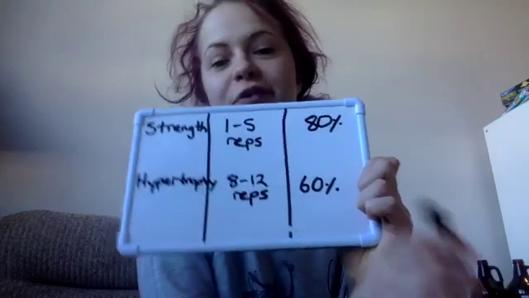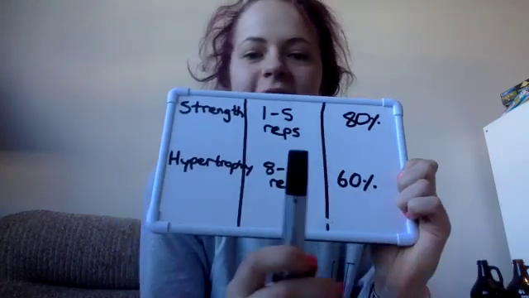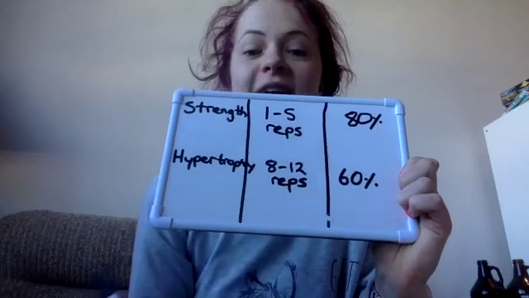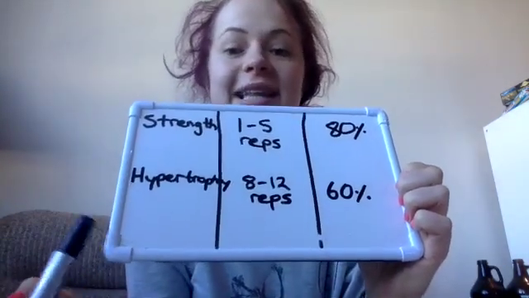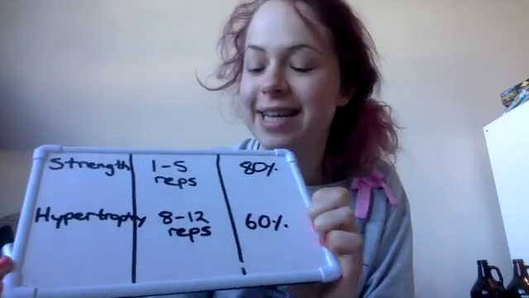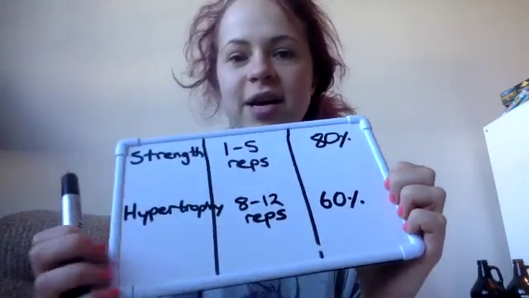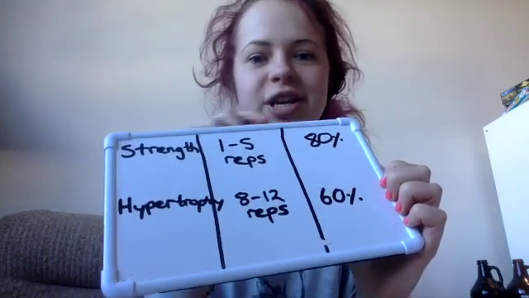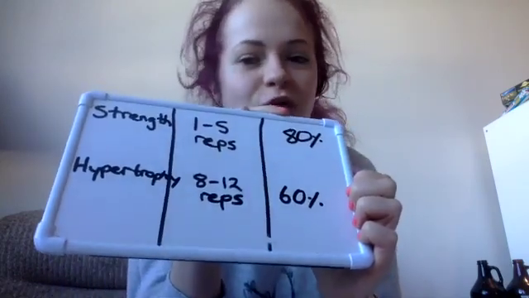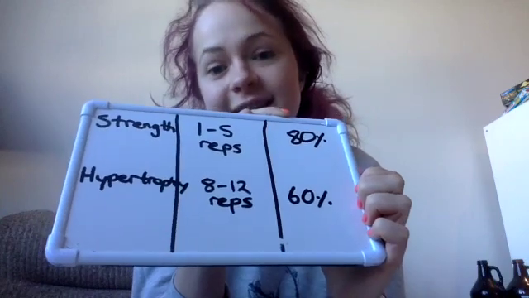However, for hypertrophy, the most ideal rep range is 8 to 12 reps, with slightly less weight, only about 60% of your 1RM. So for strength, 1 to 5 reps heavy is the ideal range. For hypertrophy, 8 to 12 reps at moderately heavy is the ideal range.